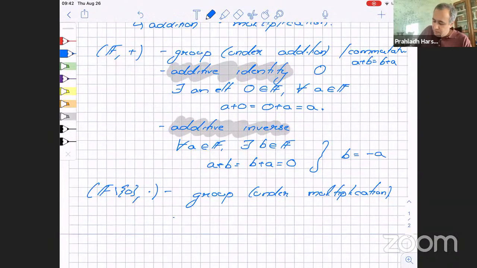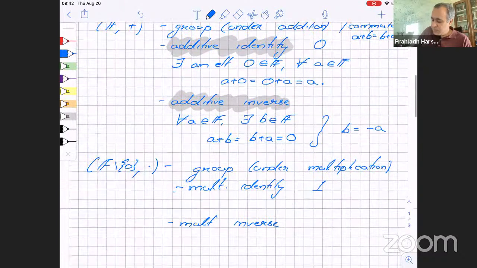And the additive and the multiplicative identity here we'll refer to as 1. The multiplicative identity is going to be called 1, and the multiplicative inverse we'll refer to as A inverse or 1 by A.